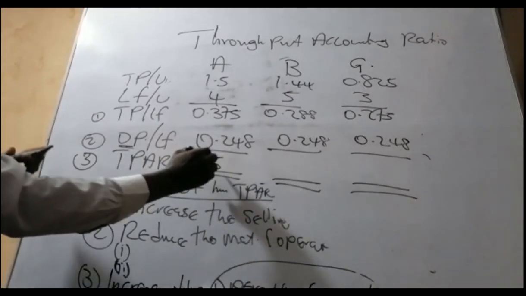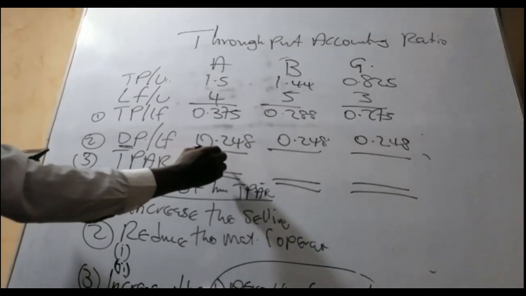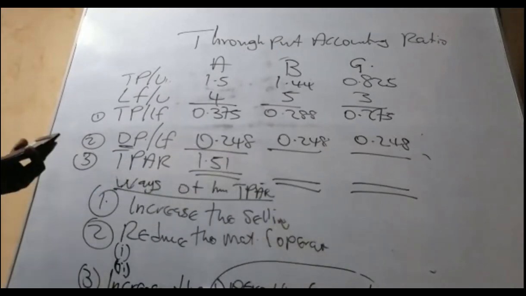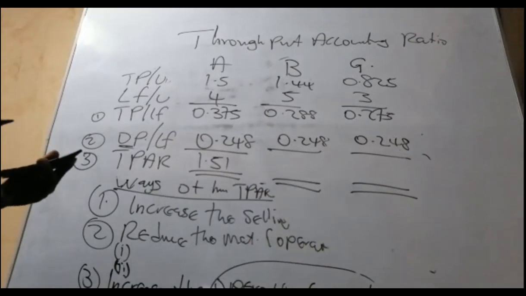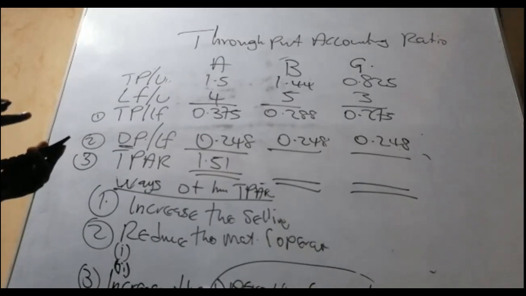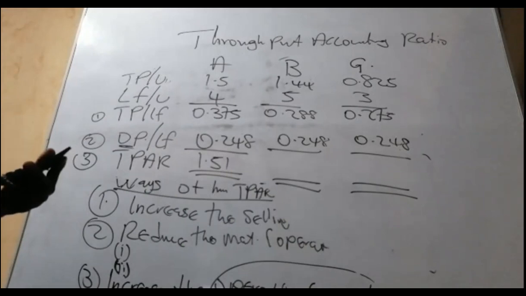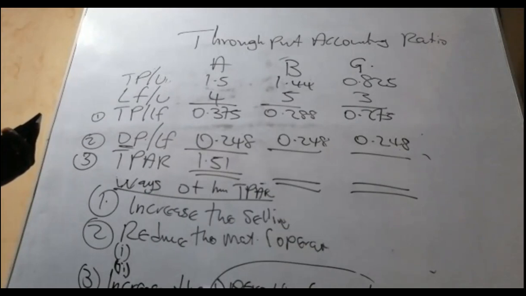1.51. Then the next one is 2.88 divided by 2.248. Yes, 2.248. That's 1.16.